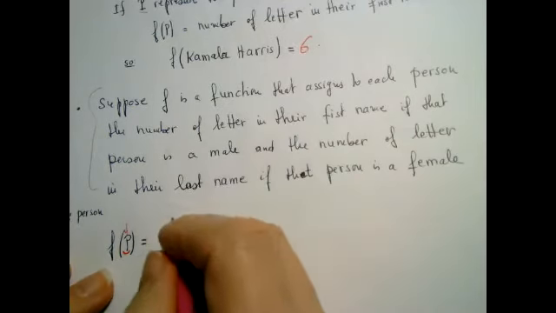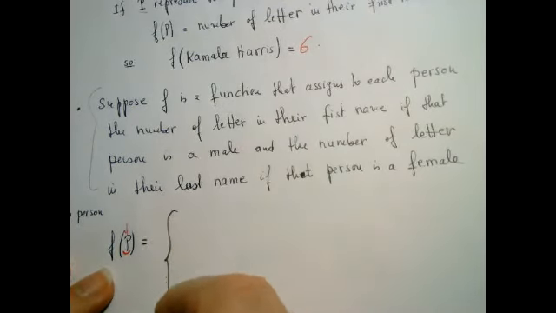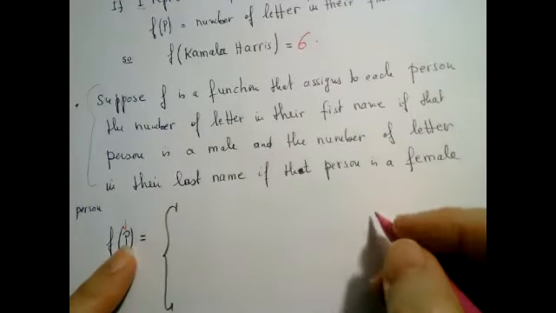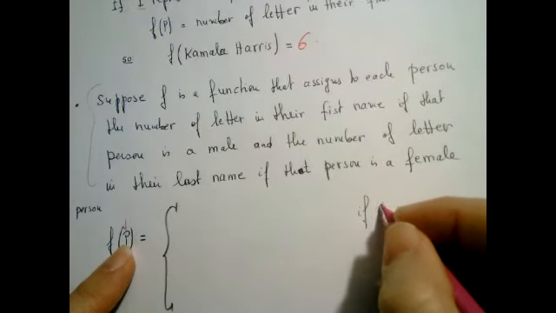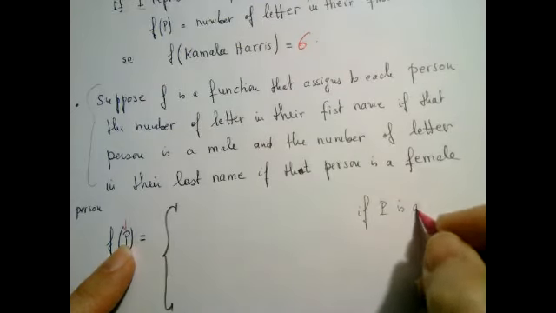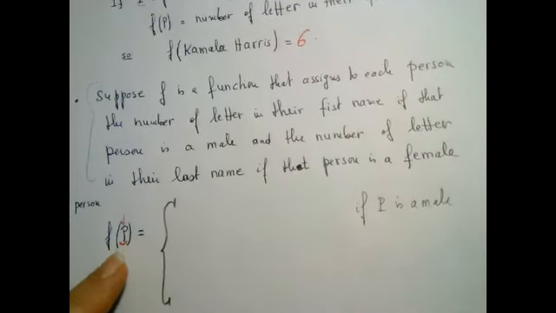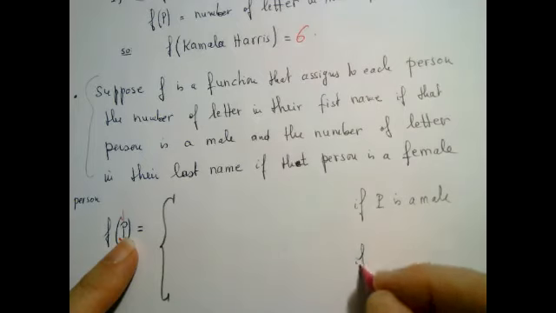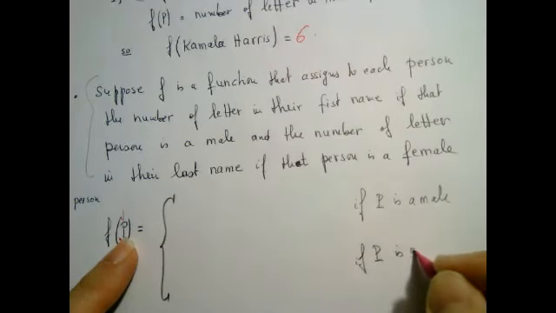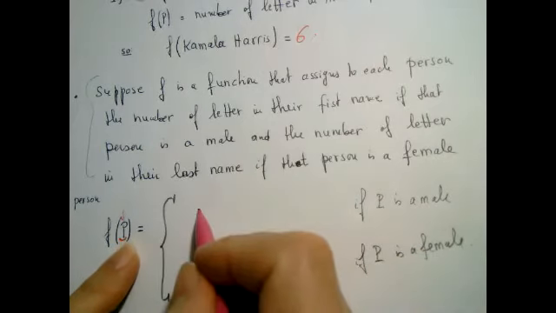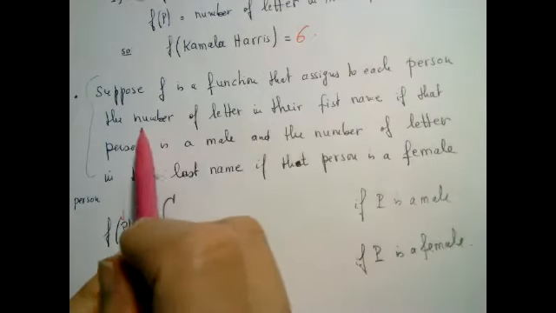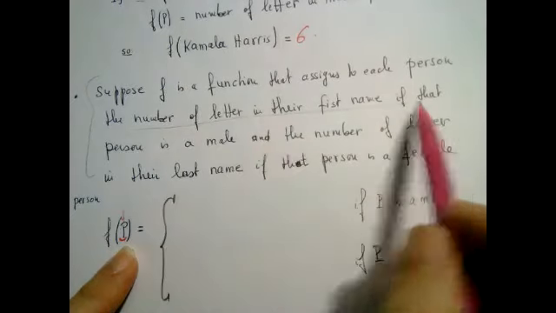The way we write this is like that. We make a big bracket, and we write f of P depends. If P is a male, we have one scenario. Notice where I wrote P is a male. I put it here on purpose. And the second scenario, if P is a female. If P is a male, I'm telling you that I assign the number of letters in their first name.